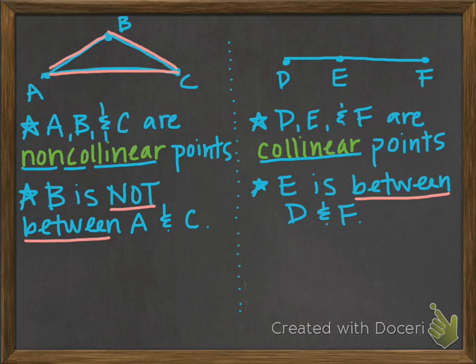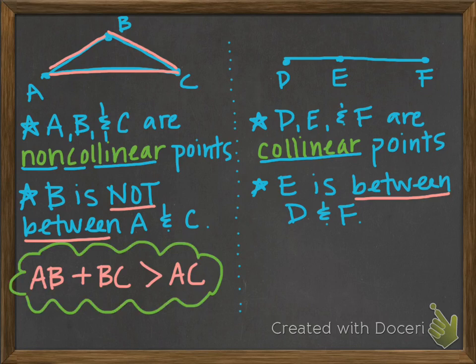The way that I would write this in symbols, I could say the length of AB, and if I take the segment line off of AB, that actually represents the distance between points A and B. So the length AB plus the length of BC will always be greater than that third side, the length of AC. And I can do this with any two sides of my triangle. I could say the length of BC plus the length of AC is always bigger than AB. I could also say the length of AC plus the length of AB is always bigger than BC.